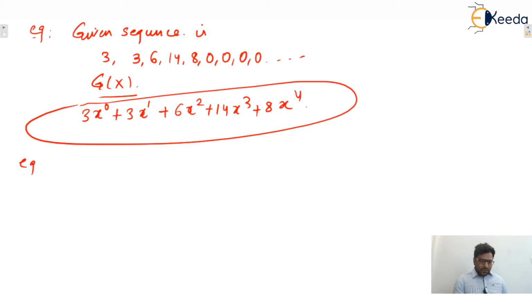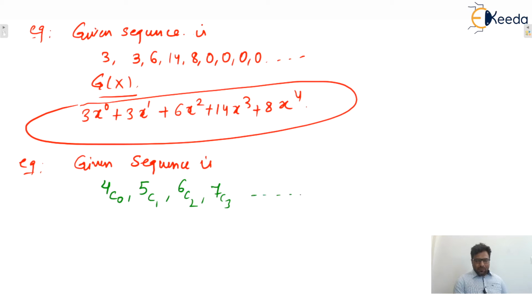Next example, let's say the given sequence is 4C0, then 5C1, then 6C2, then 7C3 up to infinity. Then the question is, what is the generating function? So remember guys, in the table of some standard sequences, one important point was there. You can refer to that point.